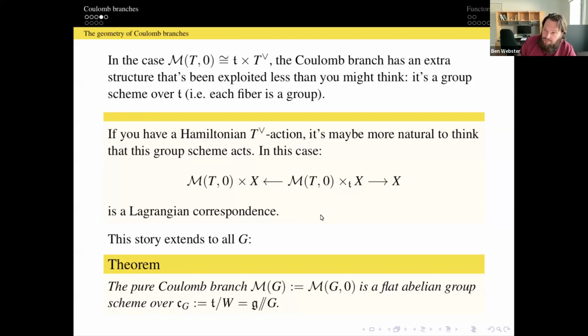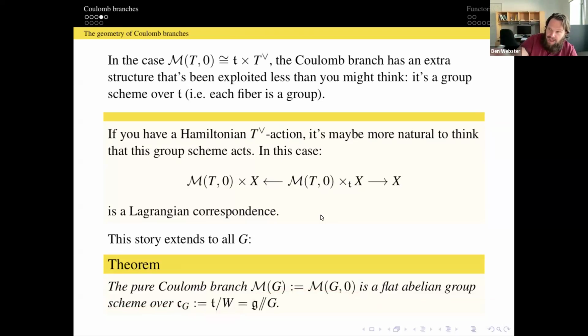And this group scheme structure comes from the diagonal copy of the affine Grassmannian inside 2 copies. So it's always the case that if I take this pure Coulomb branch, that's an abelian group scheme, which is flat over this base TW.